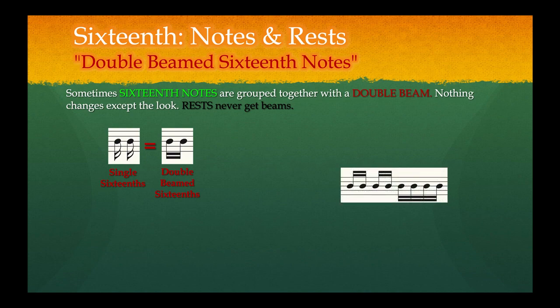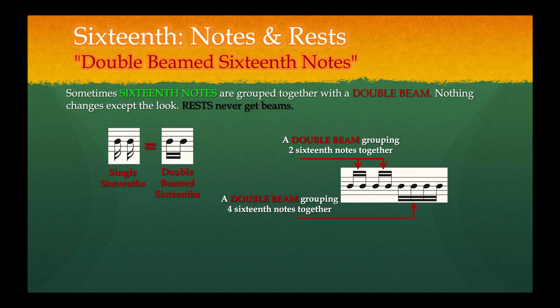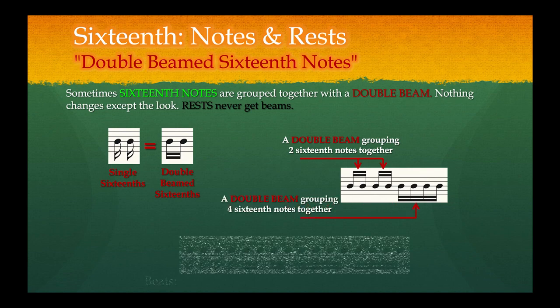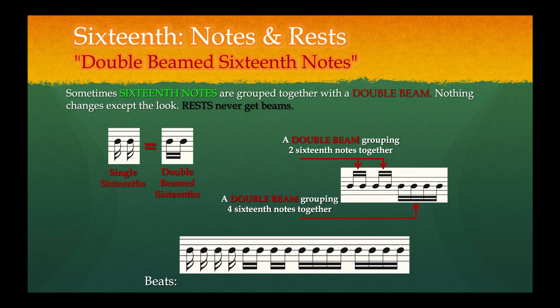Just like eighth notes, the most common way to double beam 16th notes is in groups of 2 or in a group of 4. And just like with eighth notes, we can mix and match the singles and the double beams together in the same measure. It's all the same, it just looks different because we're grouping them differently.